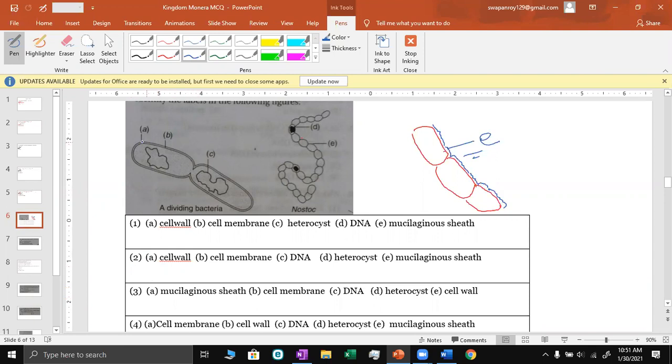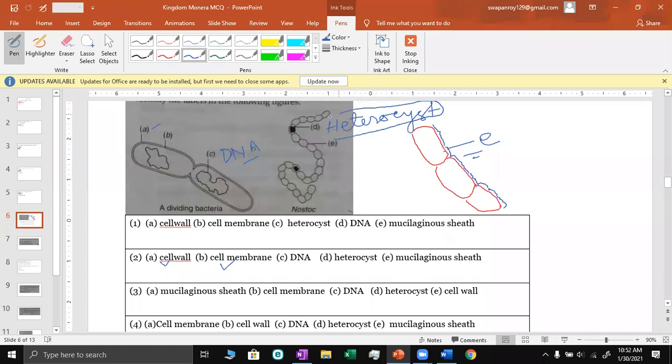The outer layer is the cell wall. Inner to the cell wall is the cell membrane. This ring is the DNA. This is a dividing bacterial cell, so the DNA has been divided into two and gone to the daughter bacteria, which are about to separate. After that, D is the heterocyst, the special cell.